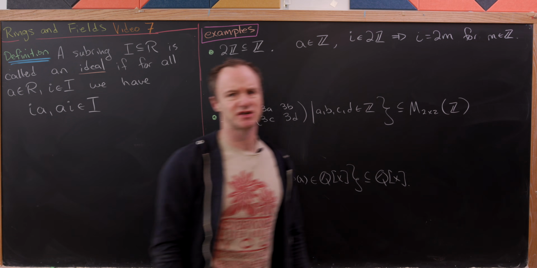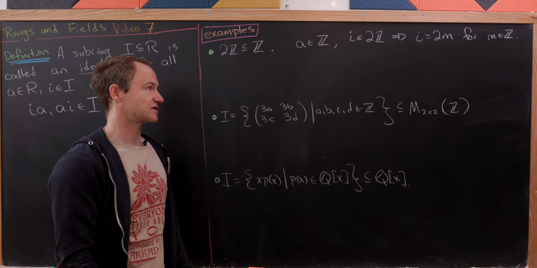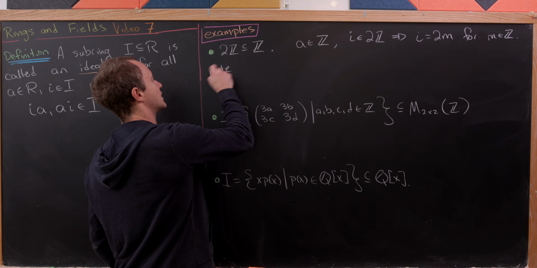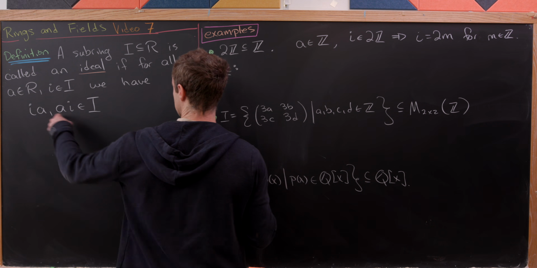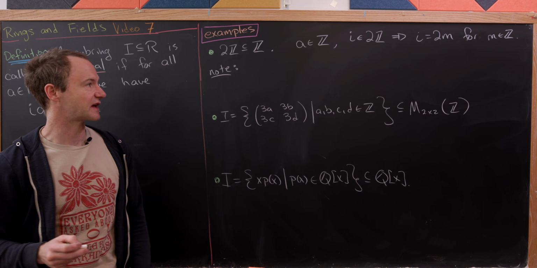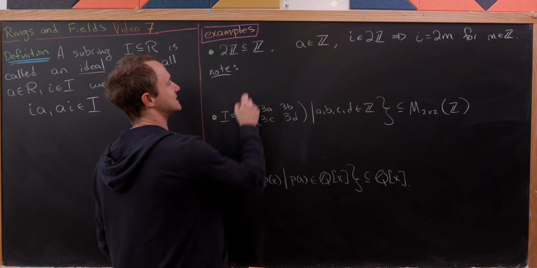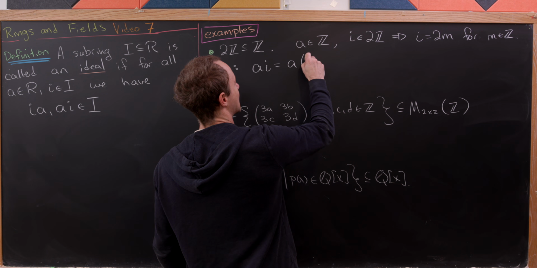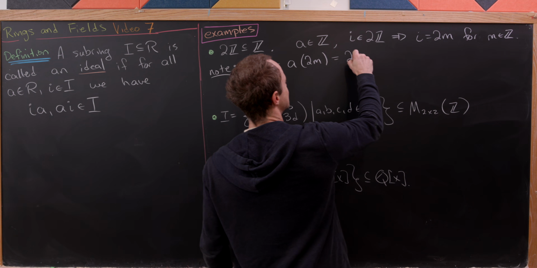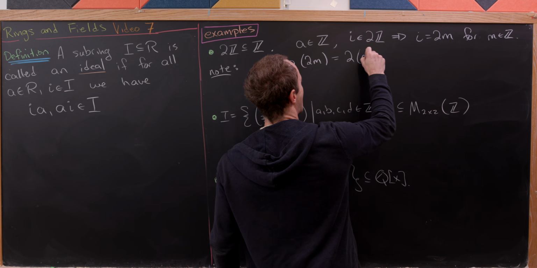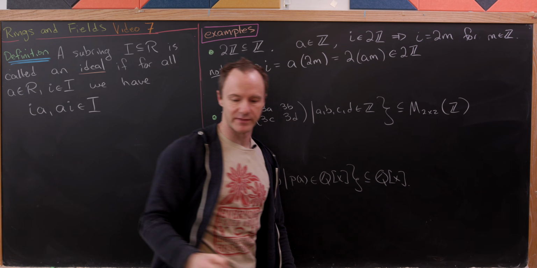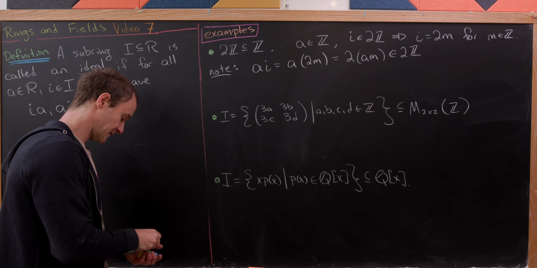Remember, 2Z is just every even integer, so we can write that as 2 times m. But now let's note the following, and we only have to check one of these because we have commutative multiplication here, and that is that a times i is equal to a times 2m, but that's going to be 2 times a times m. But that's pretty clearly even, so that's an element of 2Z.